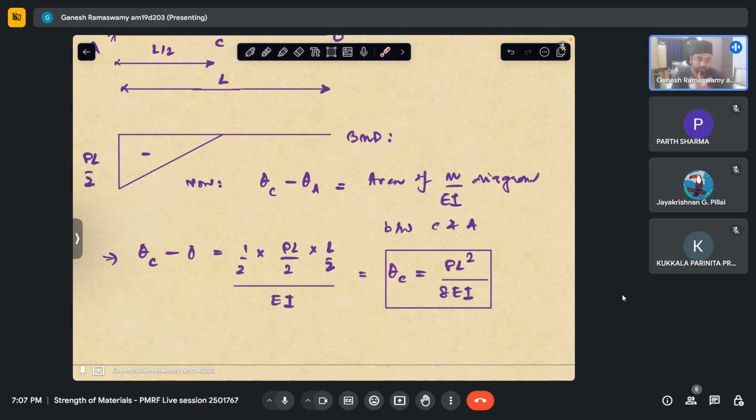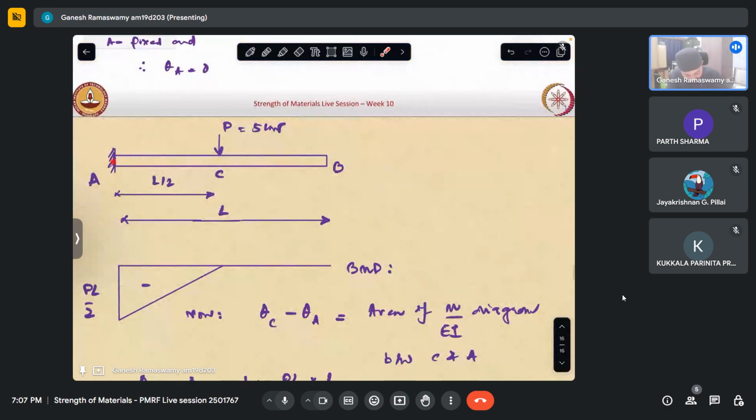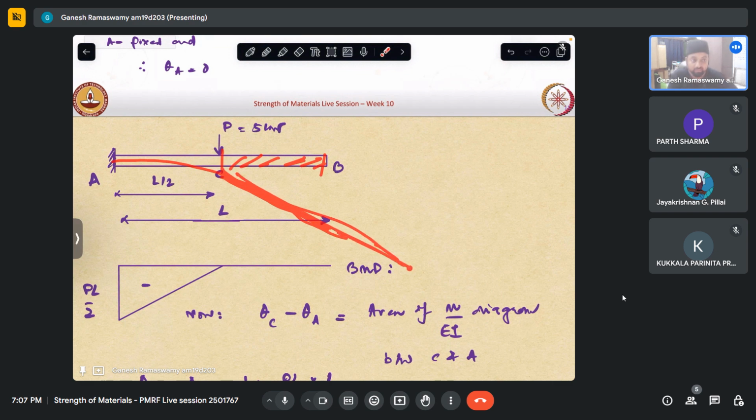So this tells us something interesting, that once we have the deflected shape like that after the load is applied, this portion just remains straight. So this portion just undergoes rigid body movement, rigid body rotation about the point C. So the slope remains the same. If this is straight, no matter where I draw the tangent, its slope with respect to the horizontal is going to be the same. So that is what this implies.